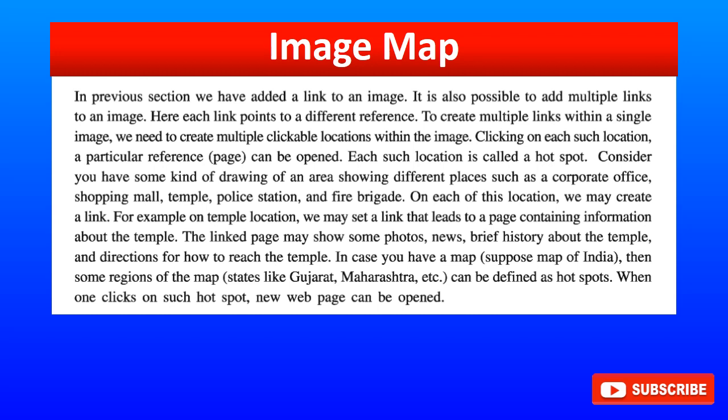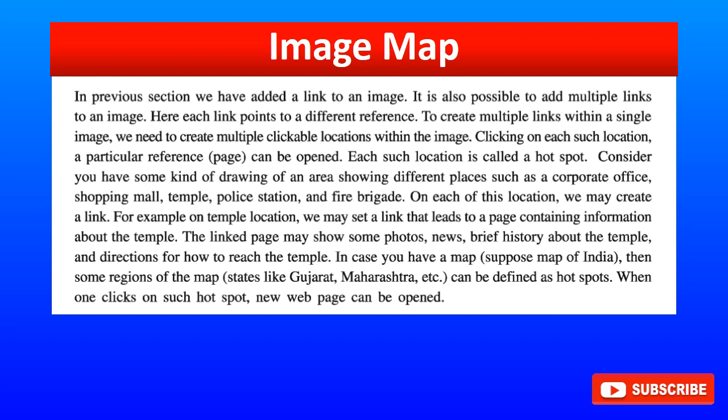If that part of the image is clicked, then so and so location of the so and so web page is to be opened. So clicking on each such particular location, a particular reference page can be opened, and each such location is known as a hotspot.